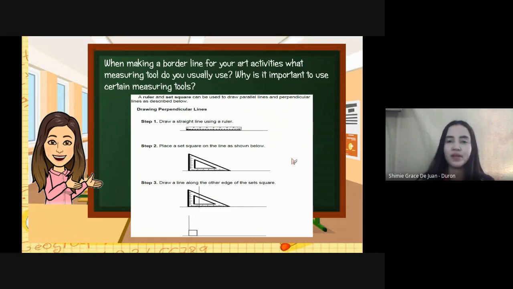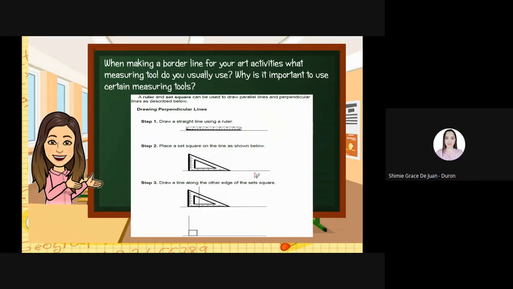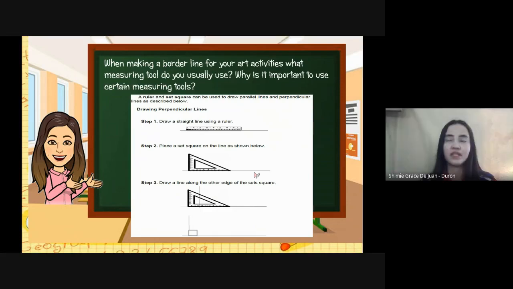So while you are young, we have to use these tools, the ruler and set square, so that you can be familiar with it. And of course, it is very helpful when you have to use it later on during your industrial arts subject.